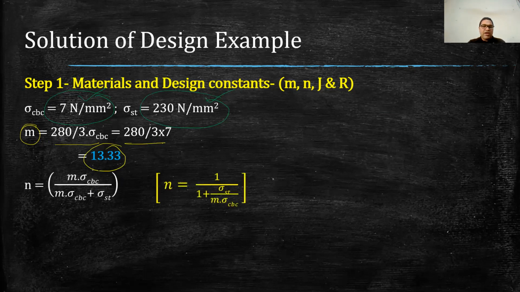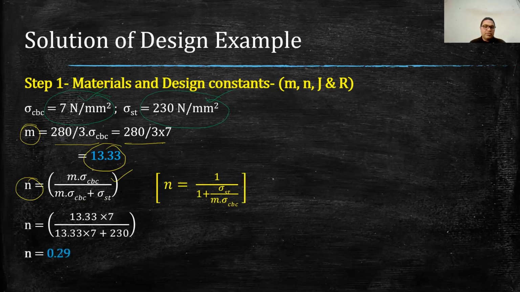After m, we find out the value of n, and the formula for the same is here. Putting all the values, we find the value of n as 0.29. So that is the value of n. Now, after that, we will find out the value of j, which is 1 minus n by 3.